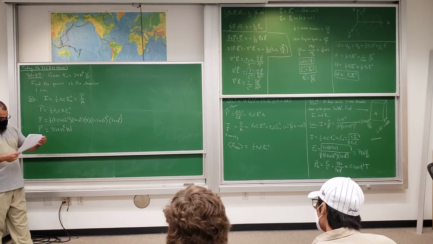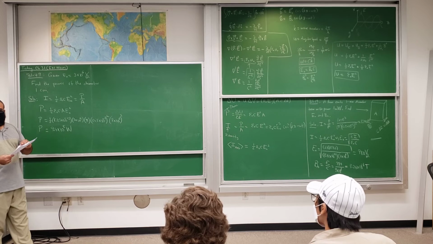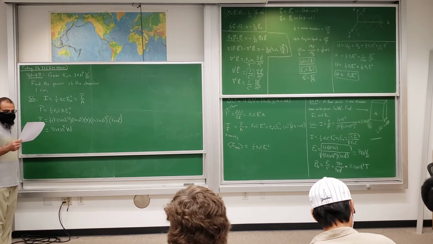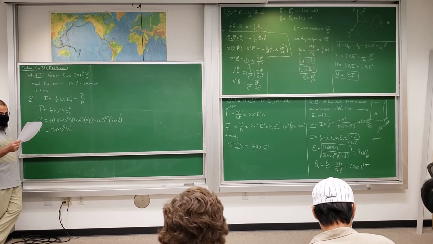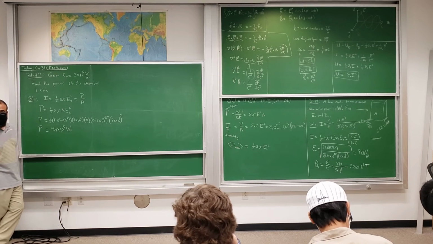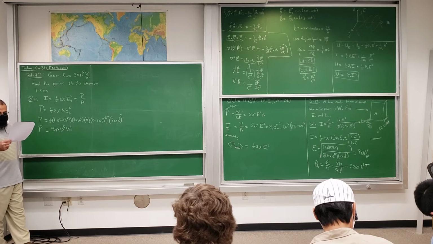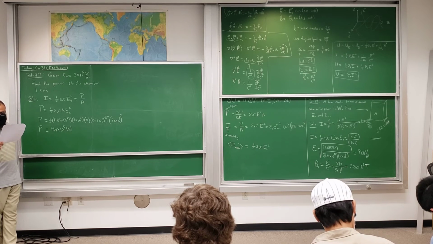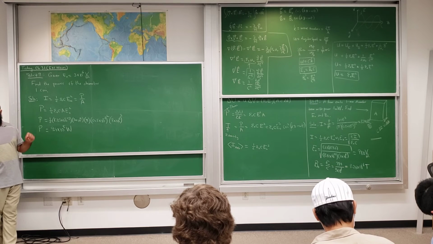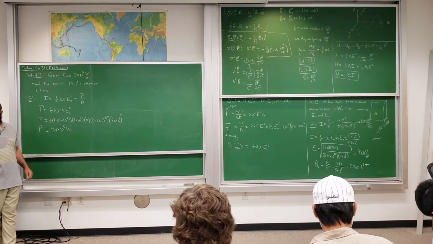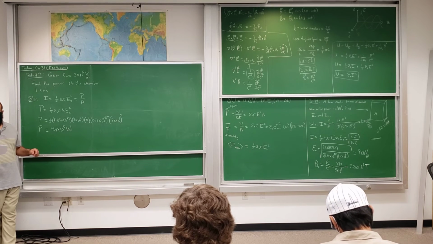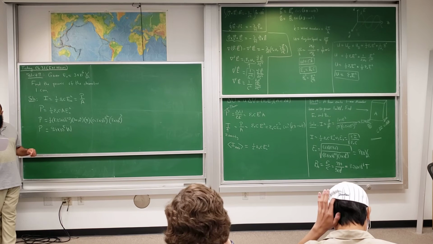Let's see. Just one more. This one is a LASIK vision correction system. So you've heard of LASIK, right? It uses a laser, and that laser emits pulses that are 10 nanoseconds long, so 10 to the minus 8, because 10 times 10 to the minus 9 is a nanosecond.